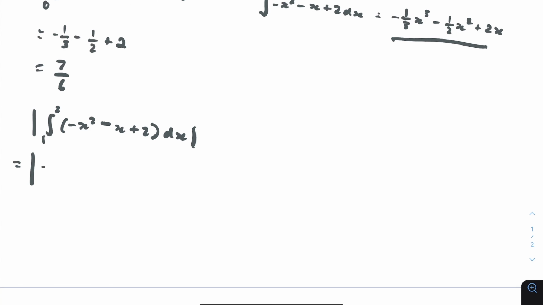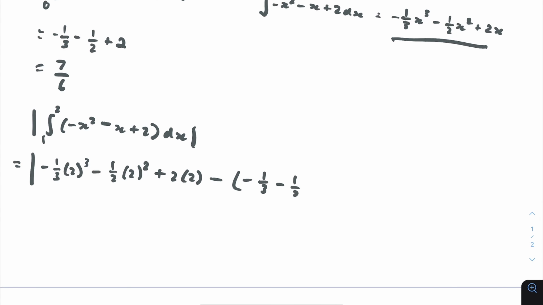We can reference negative 1 over 3, then we substitute 2 in, 2 cubed, minus 1 over 2, 2 squared, plus 2 times 2, minus, and then in brackets, negative 1 over 3 minus half plus 2. Because if you substitute 1 in, the x just really becomes irrelevant.